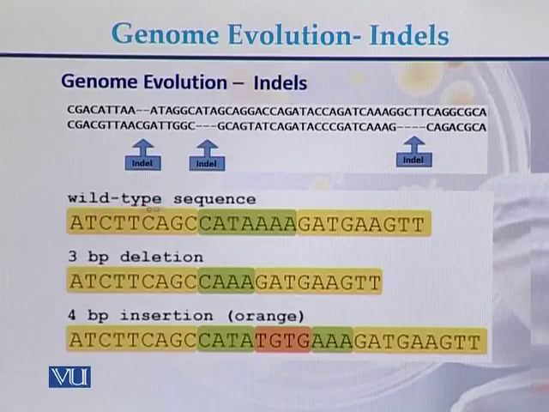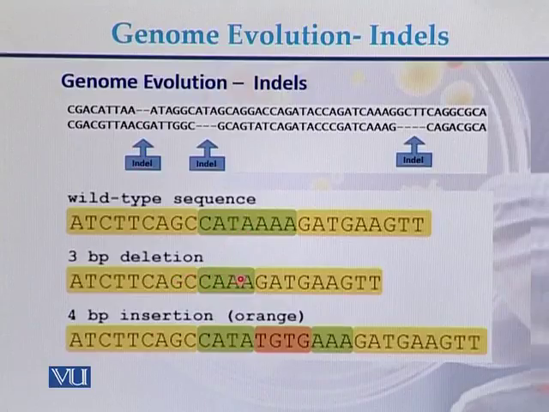Here we can see the wild type sequence. Here there is a 3 base pair deletion, or an indel. We can see that 3 nucleotides, T and A, have been deleted from this sequence.